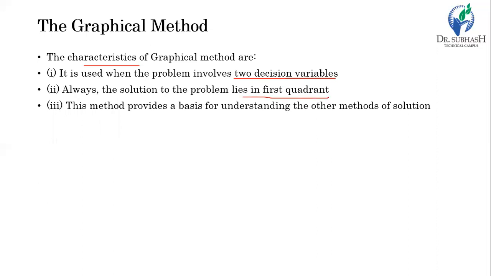We always consider the value of the decision variable to be greater than or equal to 0. So according to this condition, our solution must always lie in the first quadrant. Sometimes it is necessary to draw a line in the remaining quadrants, but the solution will not lie in those quadrants.